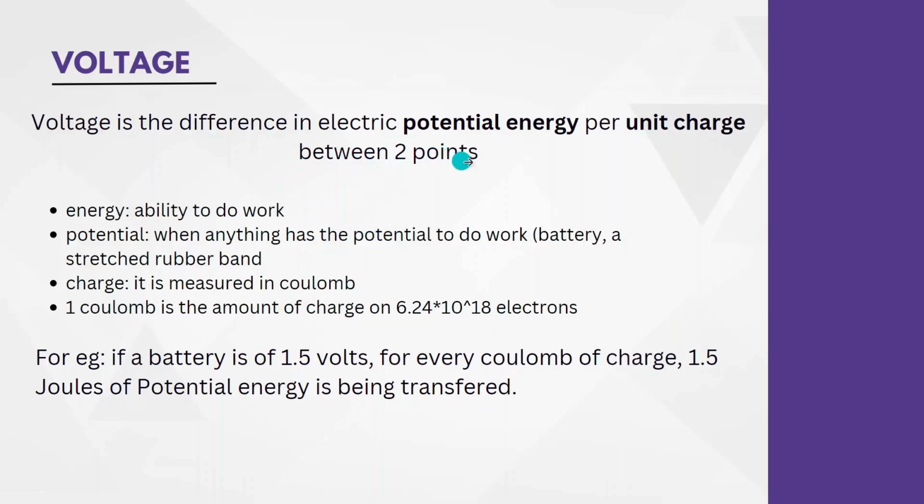So the difference in electric potential means one has higher potential and another one has lower potential. This difference per unit charge between 2 points is called as voltage. For example, if we take a 9 volt battery or if we take a 1.5 volts battery, then for 1 coulomb of charge, 1.5 joules of work or 1.5 joules of potential energy is being transferred.